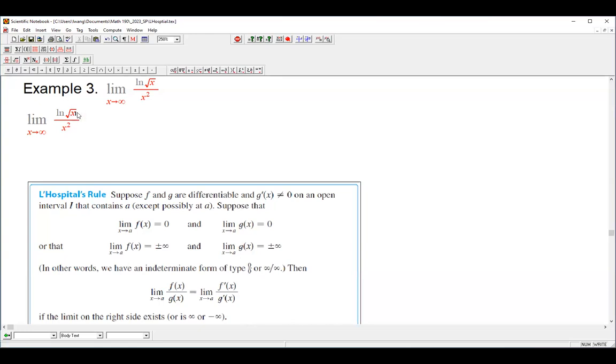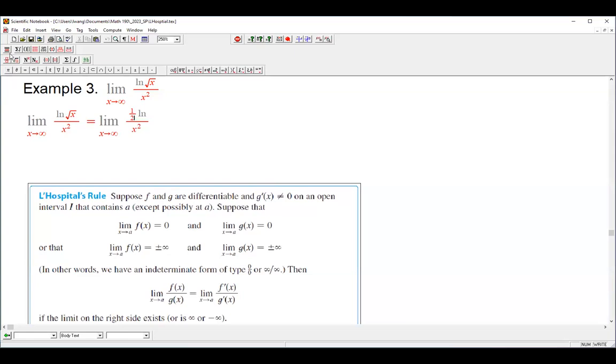But we can also use the power rule to make this 1/2 of ln x. So we can still apply L'Hopital's rule.